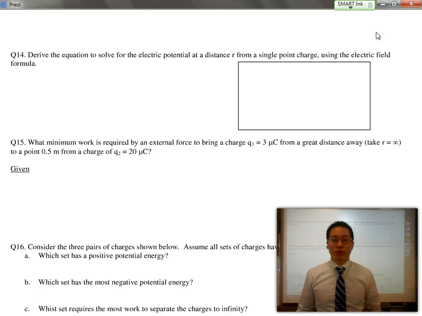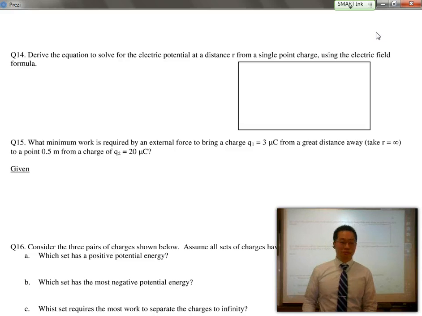Now, the next step we're going to need to do is how do we actually solve for how much electric potential there is when it's being created by a positive charge or a negative charge.